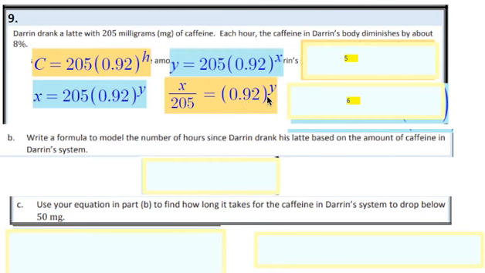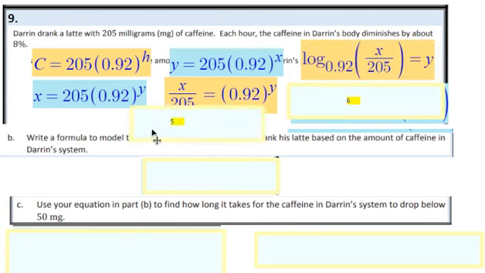So now I need that 0.92 to come back down and go away because I want to bring Y to the baseline. So I'm going to take the log base 0.92. So I take the log base 0.92. I've got my equation with Y alone.